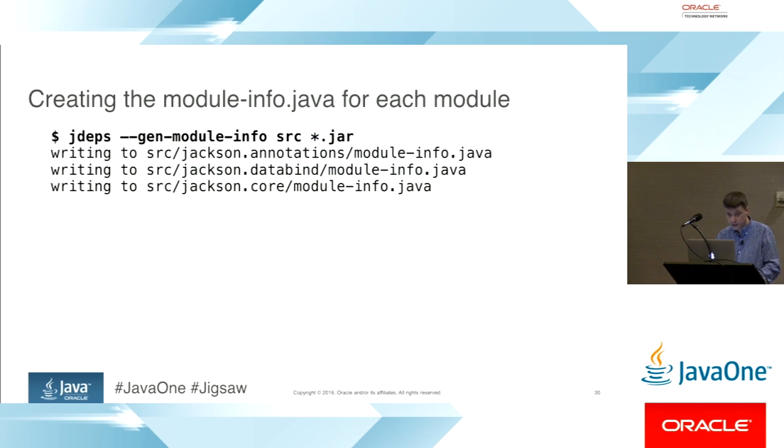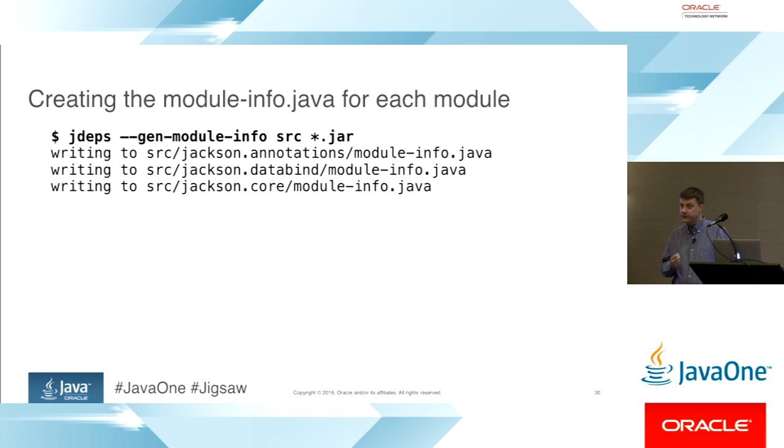I'm now going to run JDEPS again, this time with a new option, gen module info, which is basically a way to get your starting module-info.java. Now, in the earlier talks, we had JDEPS being usable on JDK 8 to look at your jar files in your applications that you're using with JDK 8 and older.